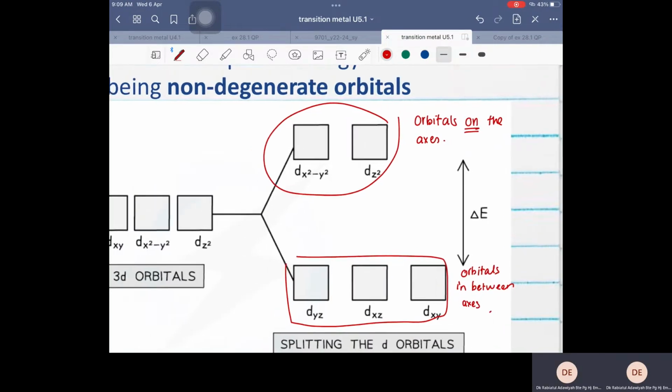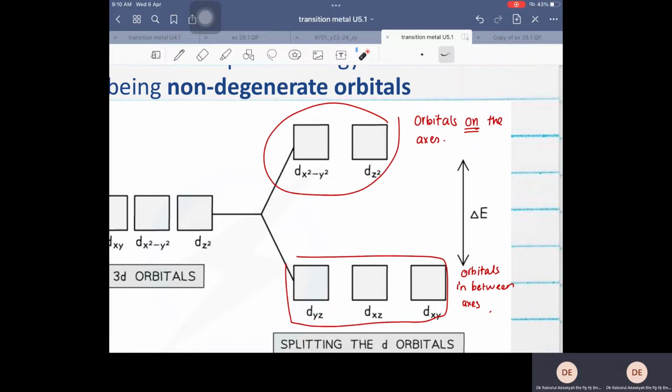The idea is, both groups get repelled. They feel the repulsion effect from the lone pair of electrons on ligands and the electrons on transition metals. But the group that has a higher energy level feels more repulsion than the other.